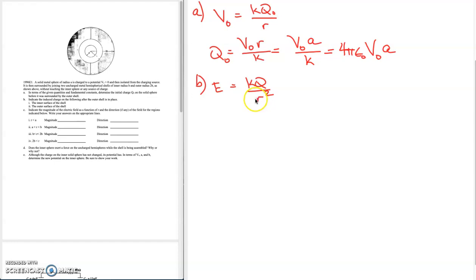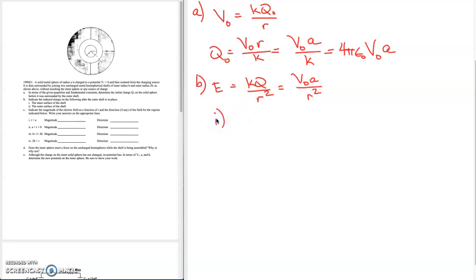Okay, so for the electric field, where Q is in terms of the given voltage, in this case V naught a over k, we're going to have V naught a over r squared, where this k and that k cancel out. Here's our basic expression.